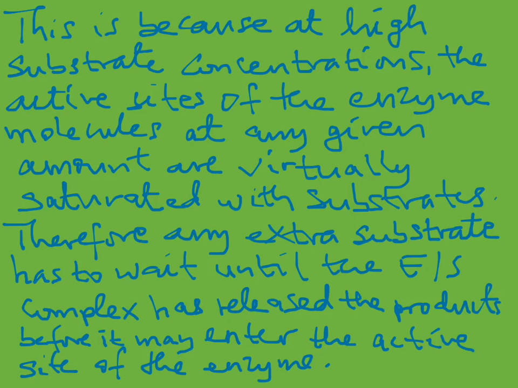It is only when this enzyme substrate complex leaves the active site, when the enzyme product must have been formed, that some free sites now will be available on the enzyme for the 5 extra substrates to bind to. By so doing, the reaction will continue, without which the reaction will not continue.